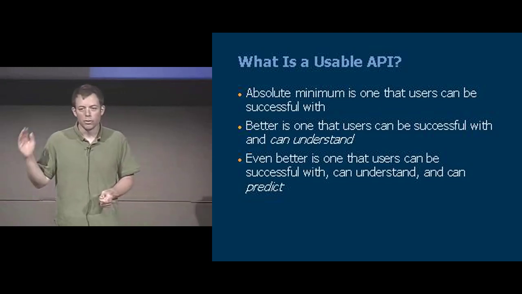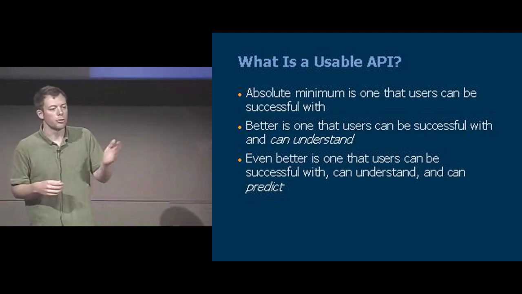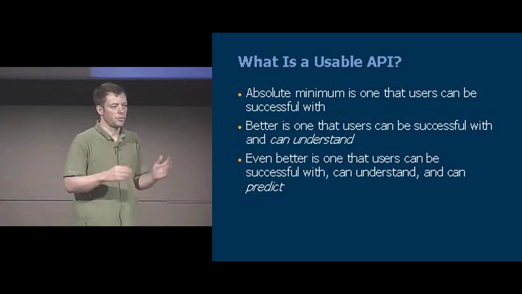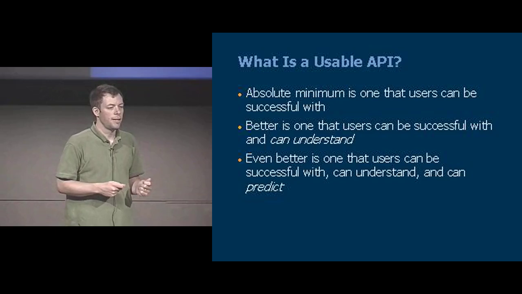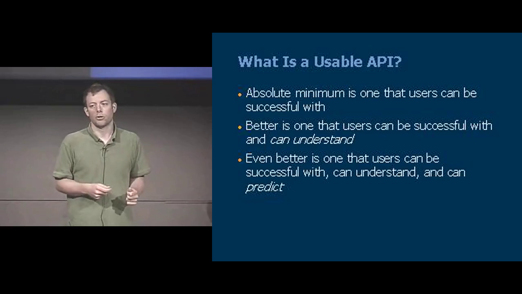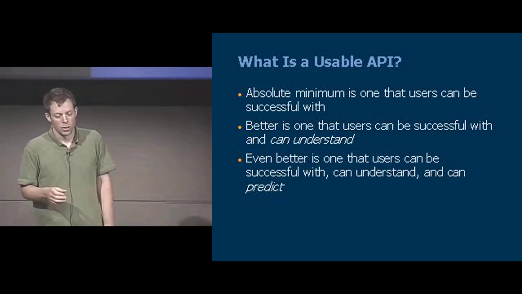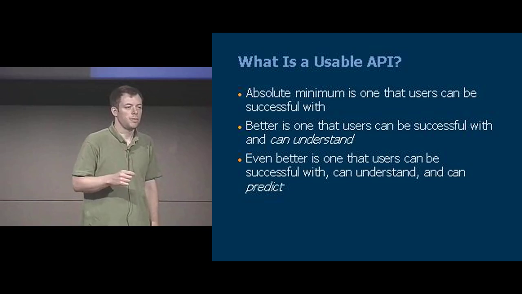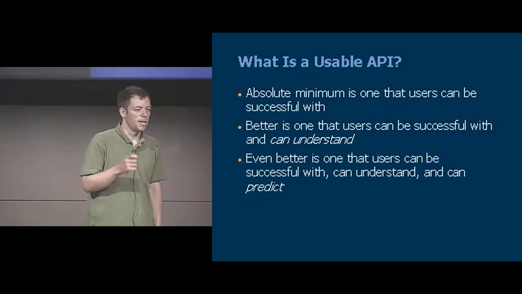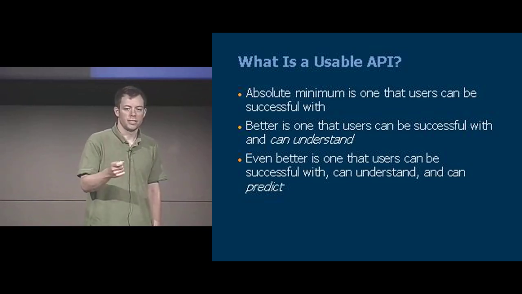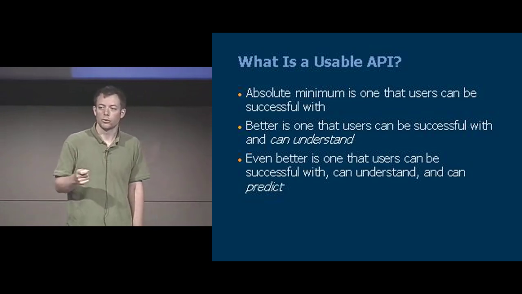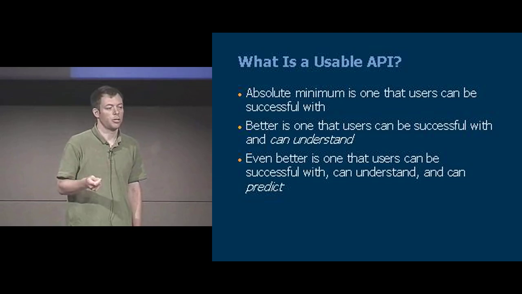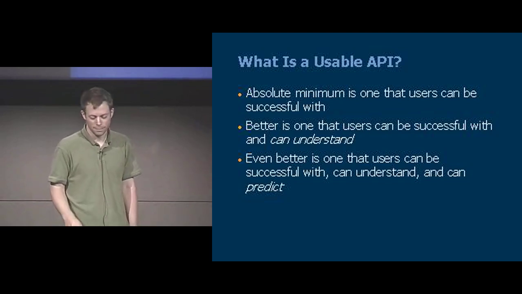They don't have to read reams and reams of documentation and books, just to be able to get to grips with your API. The API itself is almost self-documenting. So when you're aiming to deliver a usable API, don't just be satisfied with enabling success. Make sure that, as well as being successful, people can also understand what they're doing and can predict what they need to do with your API.